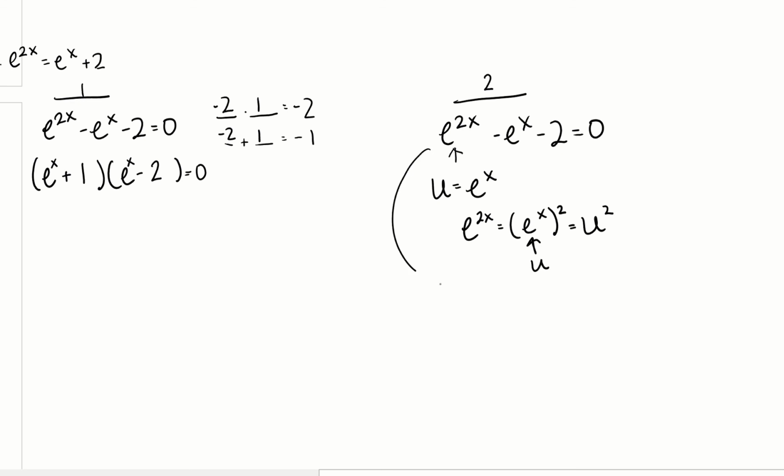Then that means that this whole thing is actually u squared minus u minus 2 equals 0.